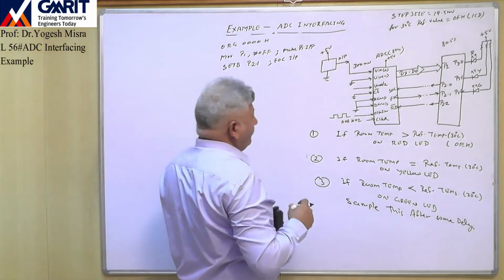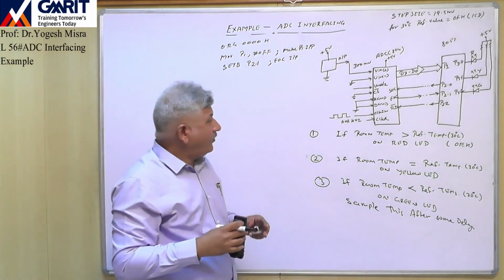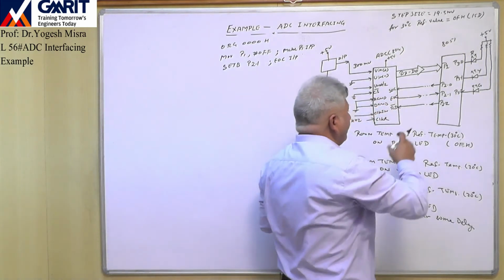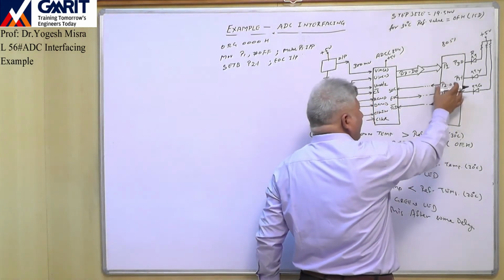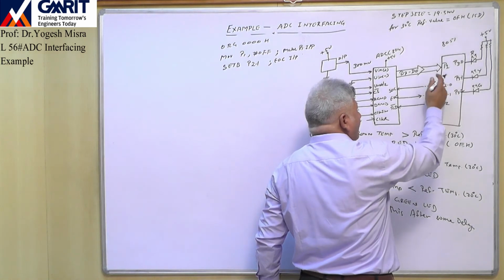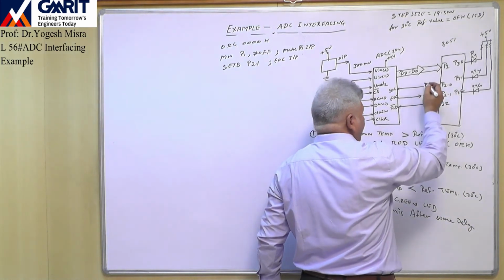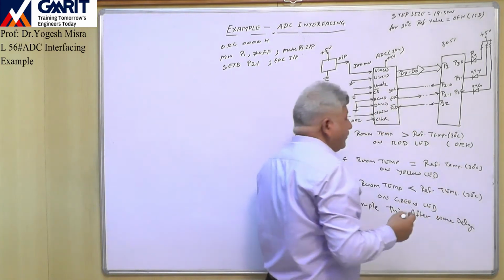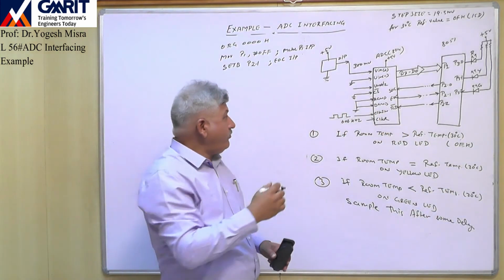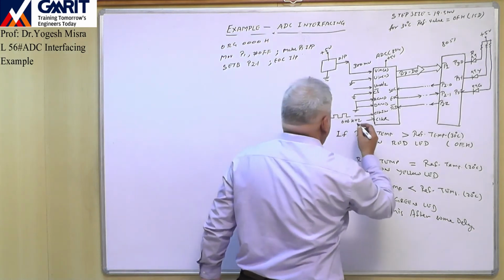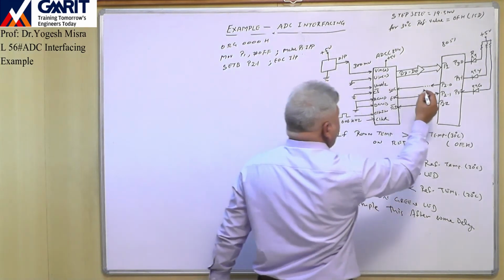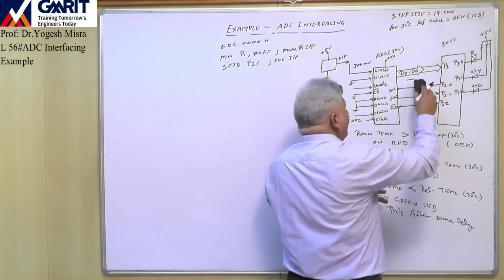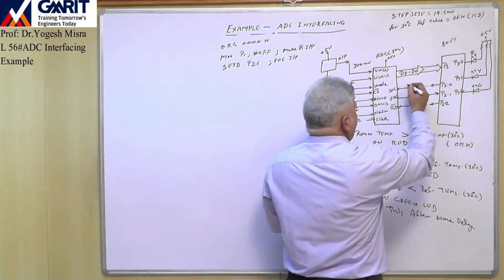Then now after this, to start the conversion, what we have to do? To start the conversion, see by default we know that all the pins are output and you will get a high value, right? So here you are getting a high value. So to start the conversion, for this start of conversion, a low to high pulse has to be generated, right?